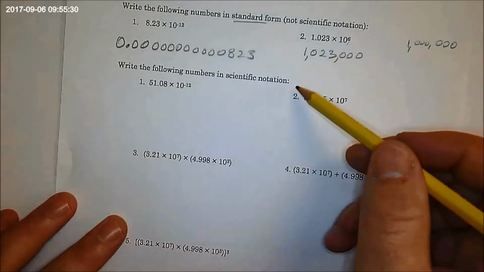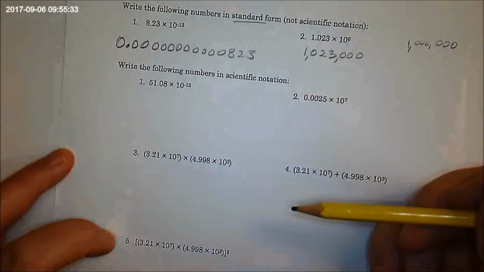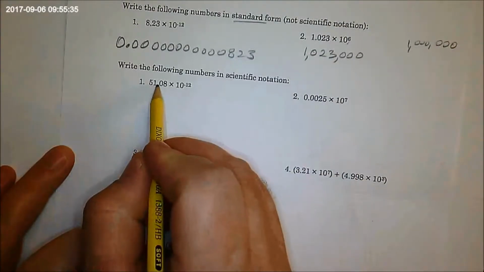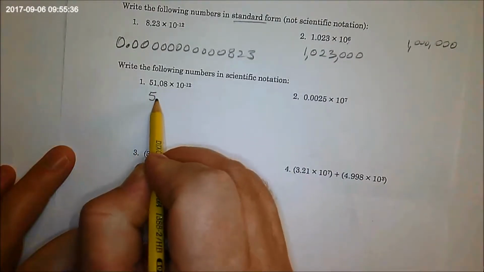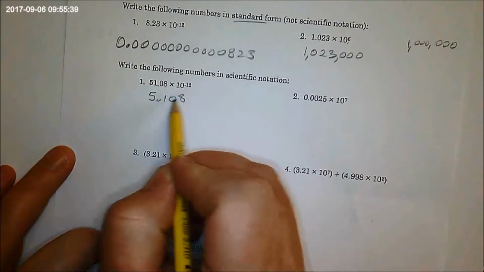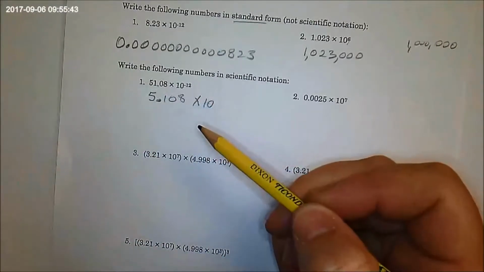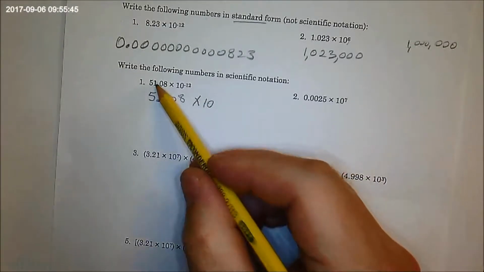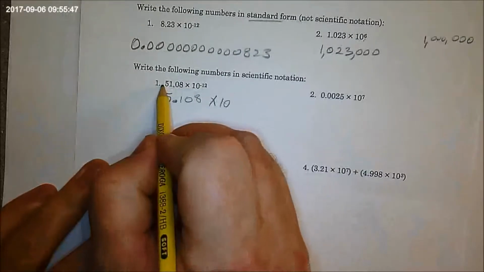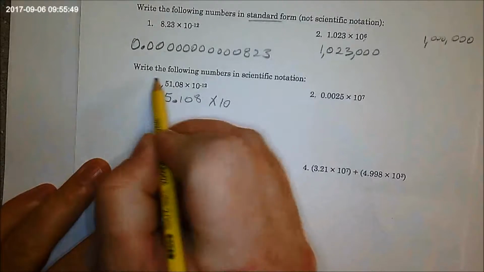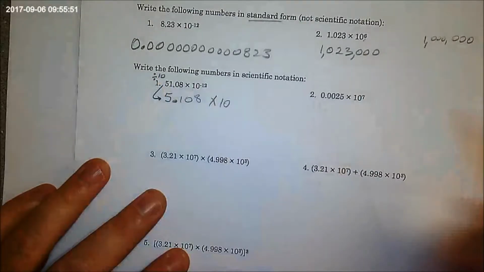Okay, now this one. We have to write these in scientific notation. This one's not in scientific notation because it needs to be 5.108. Now the trick is we have to change this exponent correctly. What we actually did to make this number into that number, didn't we divide by 10?